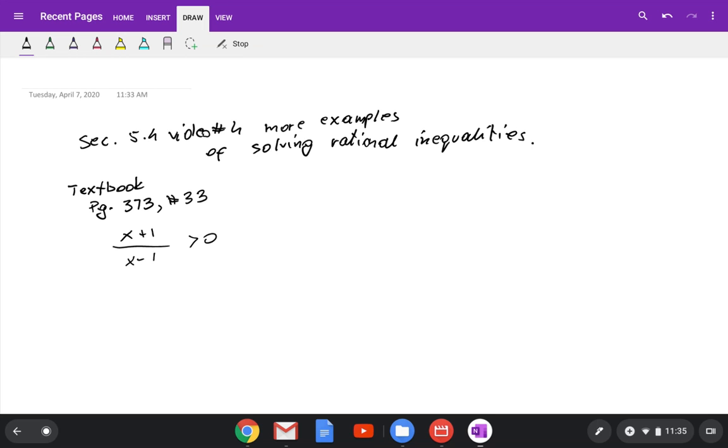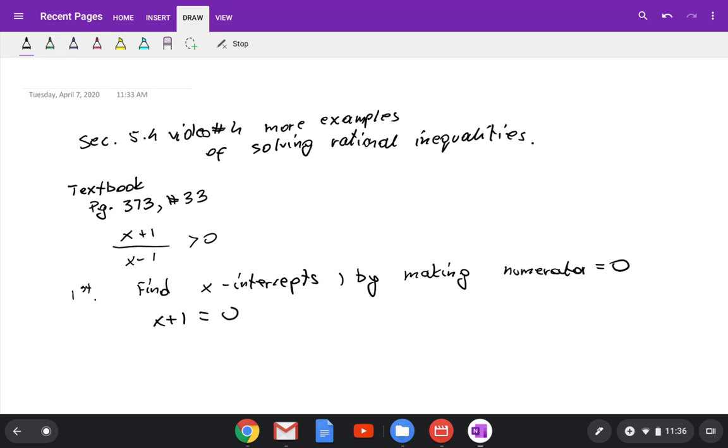First, find the x-intercepts by making the numerator equal to 0. We take that x plus 1, make it equal 0, and we get x equal negative 1. It's our 0, it's our x-intercept.